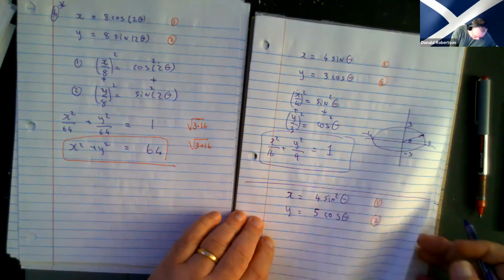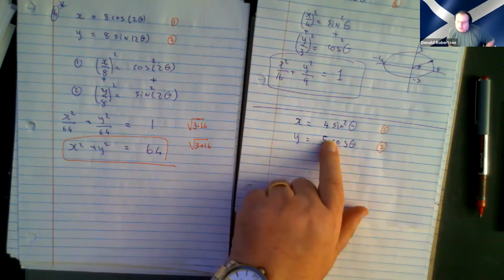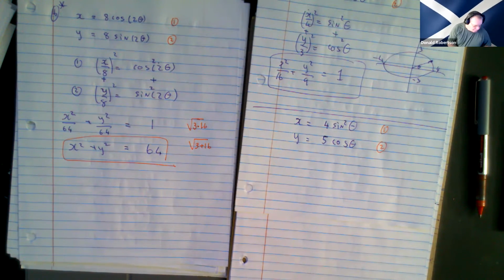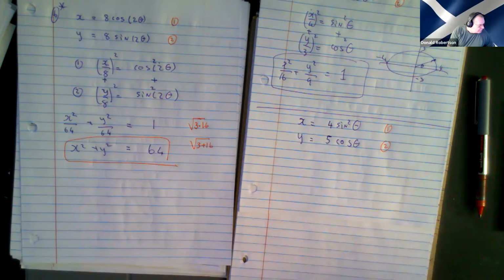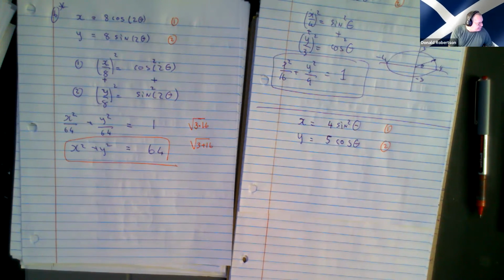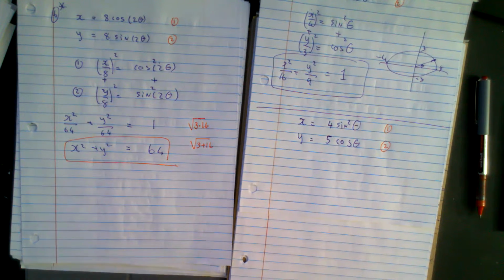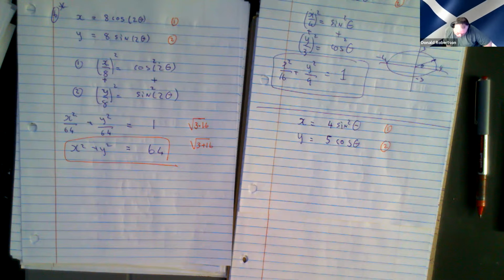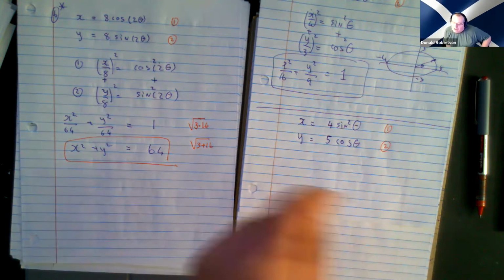Any suggestions for what we would do to eliminate the theta? Take the square root of the x function to get the square root of x equals 2 sine theta. I'm not saying that's wrong, because actually I never thought about doing that, but I'm not sure what the benefit of doing it is. I'm not sure what you do next.